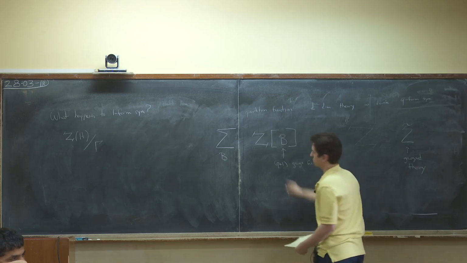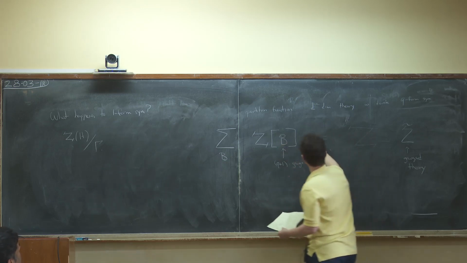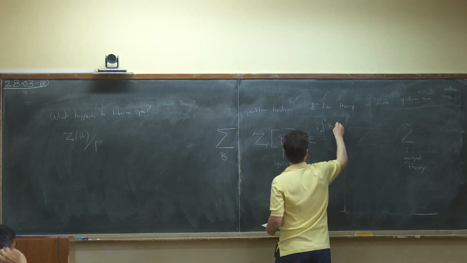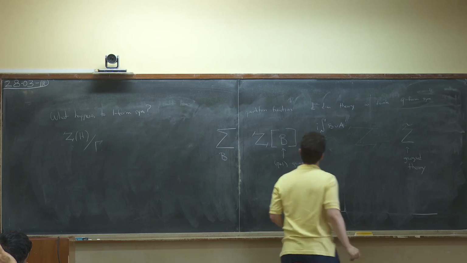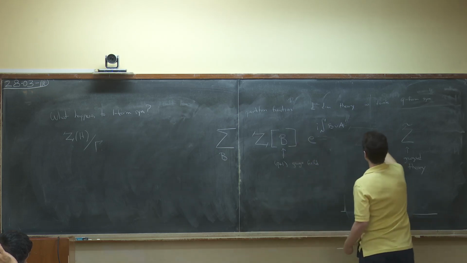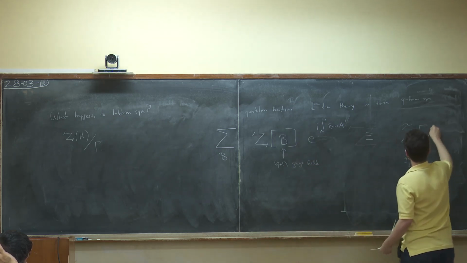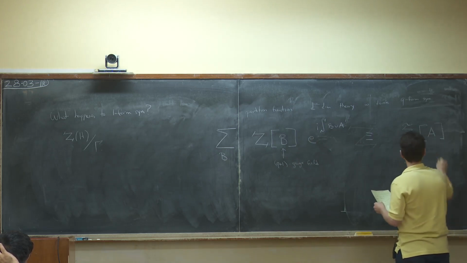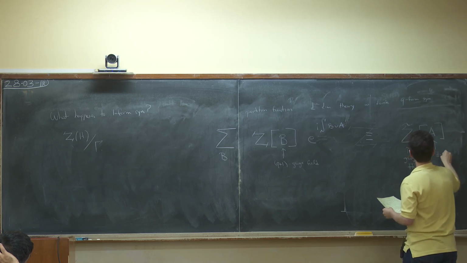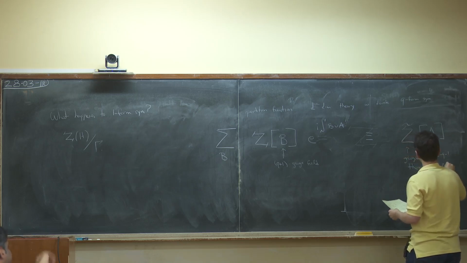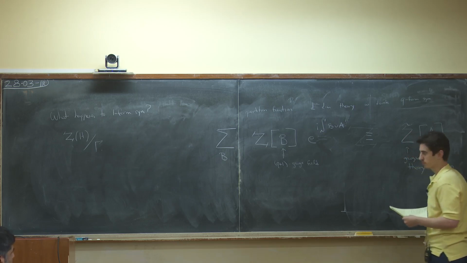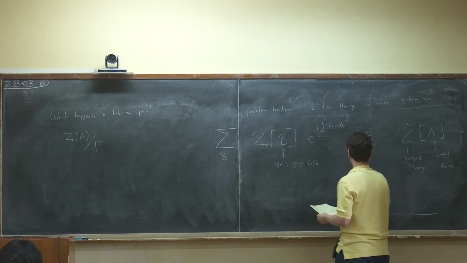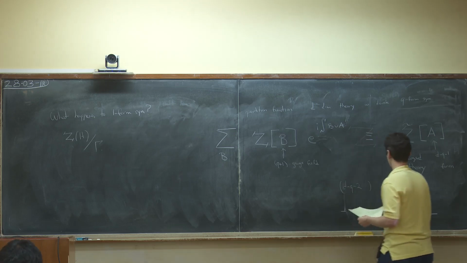But there's a simple way to modify this sum, which is that I can include e to the i integral of B A, and I can use this to define Z tilde of A. And A is a d minus q minus 1 form. So my new theory has a d minus q minus 2 form symmetry.